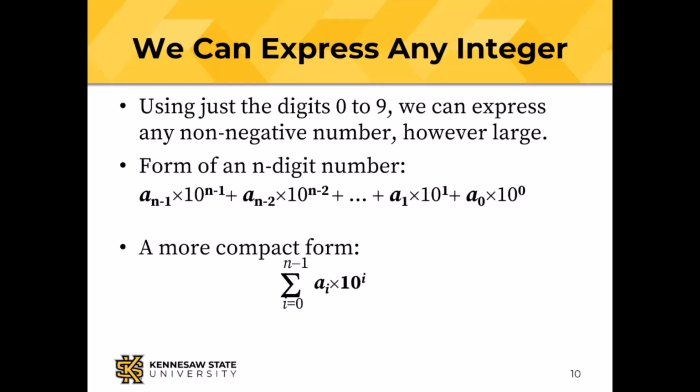And then for every i from 0 to n minus 1, we're going to add up a sub i times 10 to the i power. Anybody have any questions about that one? That may be something that you haven't seen before, depending. Yes?